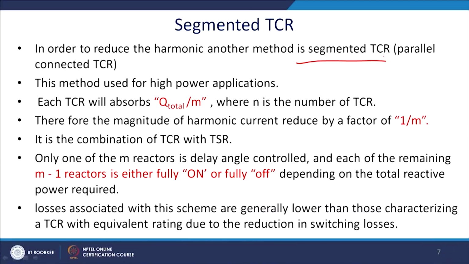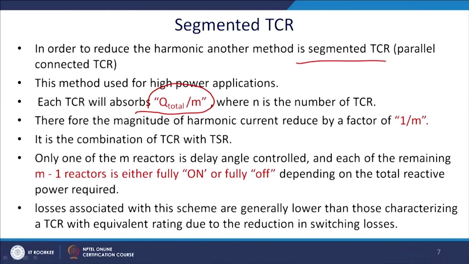Now, what is a segmented TCR? In order to reduce the harmonics, another method is to segment the TCR, that is, you put a parallel path of the TCR. This method is used for high power applications, because once you have a very high power rating, then you require to put the thyristors into a parallel combination.